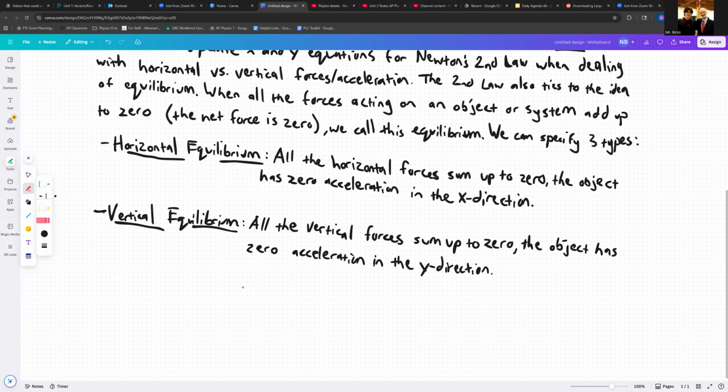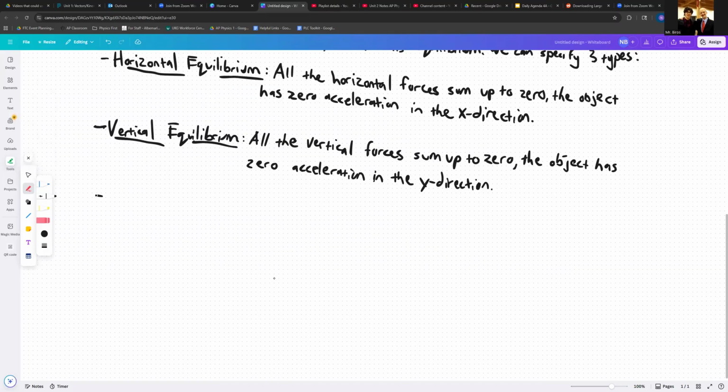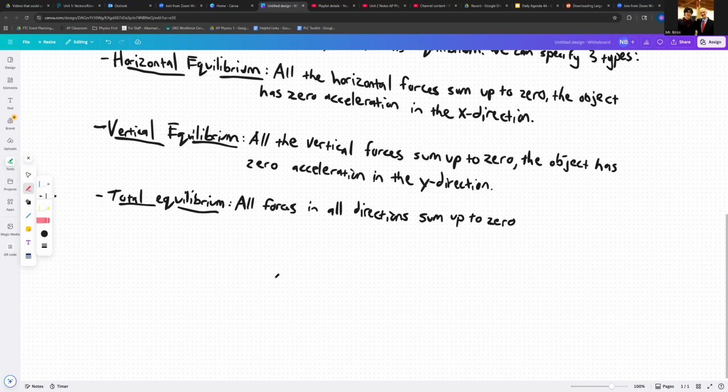Total equilibrium, one more piece here. Total equilibrium means that all forces in all directions sum up to zero, or I should say, sum up to zero net force.